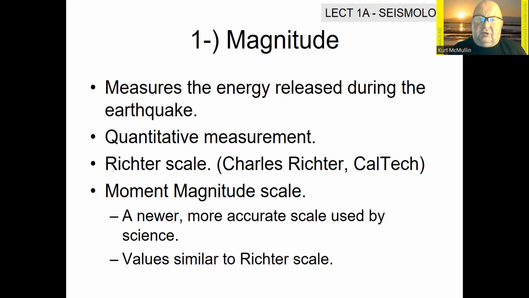In fact, the official item now is known as the moment magnitude scale. It's a newer, more accurate scale used by science, but the values are similar to the Richter scale. Back in the 1920s, Professor Richter didn't realize how large a magnitude some earthquakes would actually be.